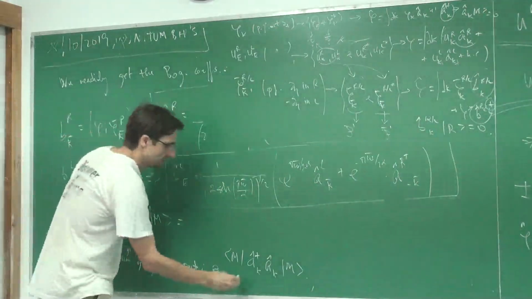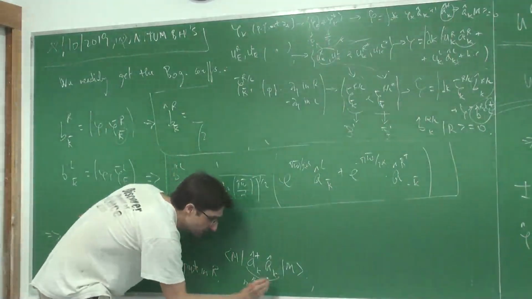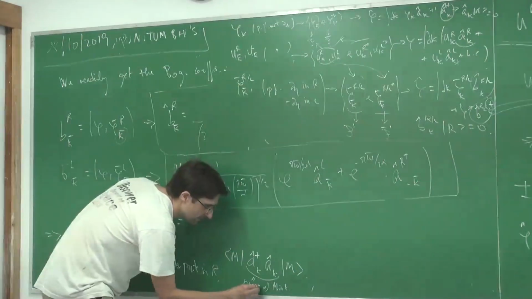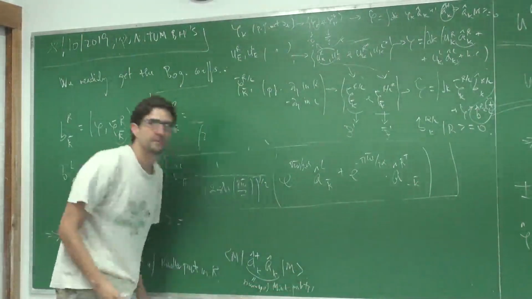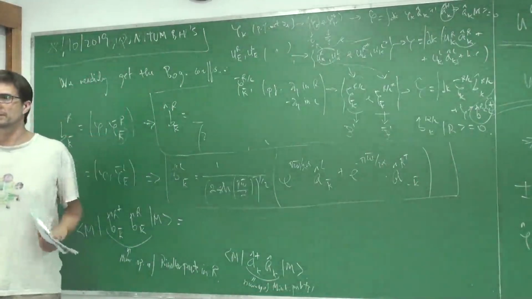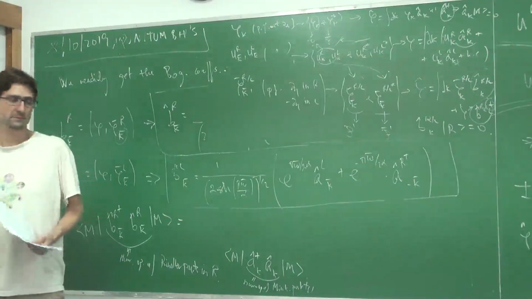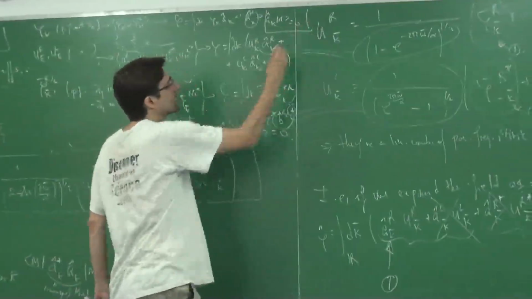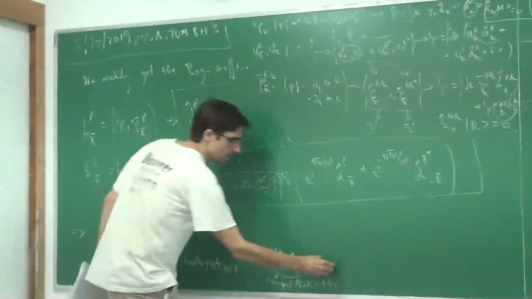So this is the number operator of Minkowski particles. We're looking at how many Minkowski particles the Minkowski vacuum state has, by definition 0. Okay? It's defined in that way. So this is 0.